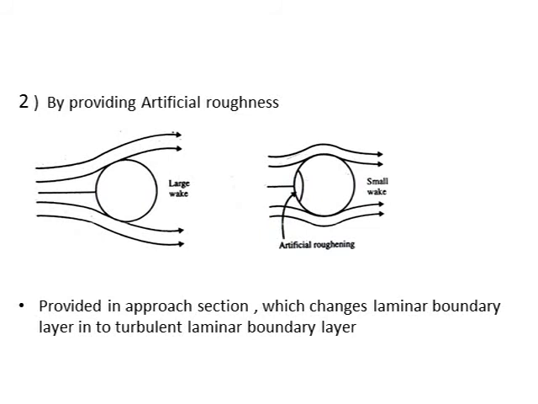Because of that, a small size of wake is there. It is provided in the upper section, which changes the laminar boundary layer to the turbulent boundary layer. So from the figure you will get the idea.